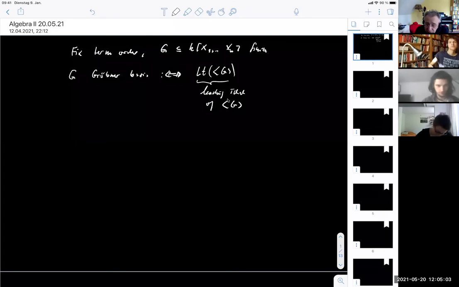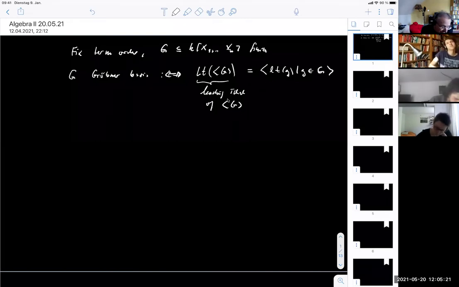And the monomial ideal generated by all these terms, this is the leading ideal. And now the beautiful situation is if this is exactly the ideal generated by the leading terms of my set G.